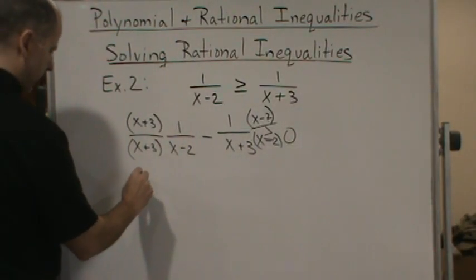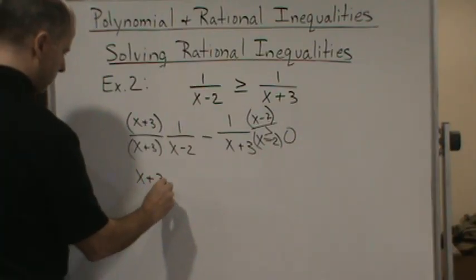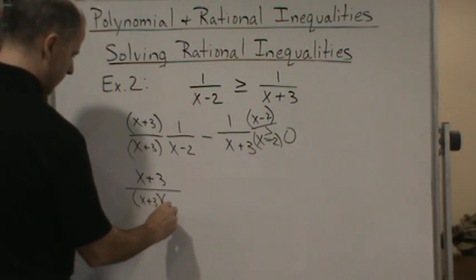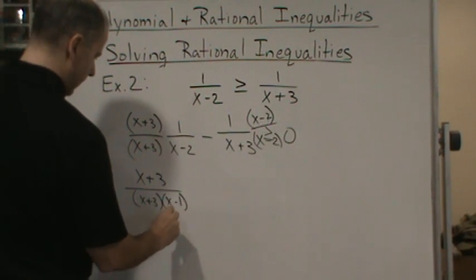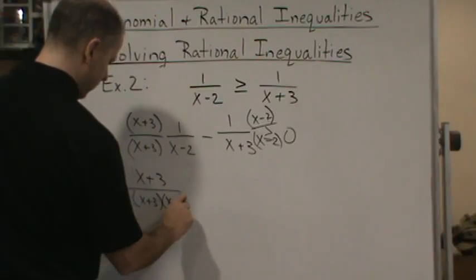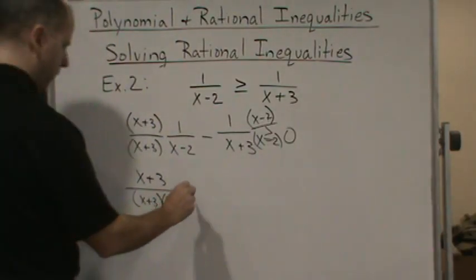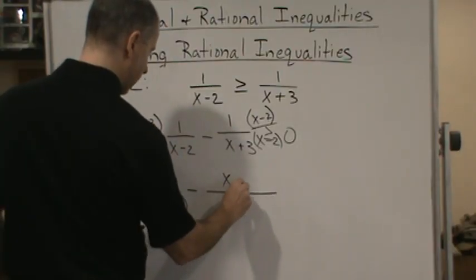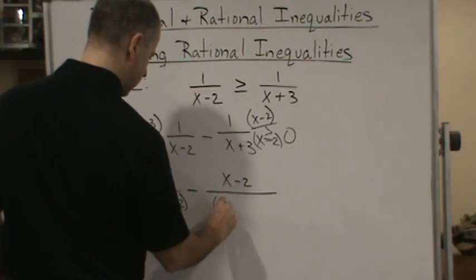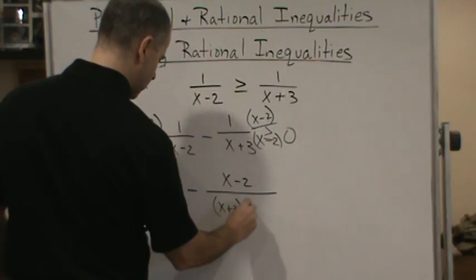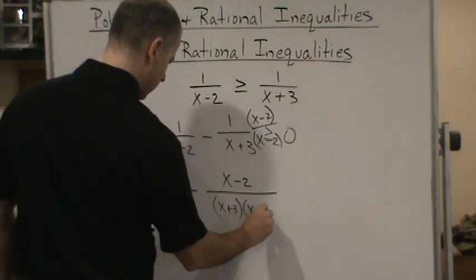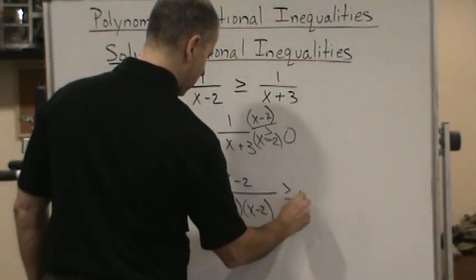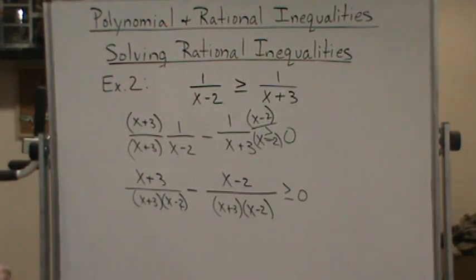In this case here, I'm going to get x plus 3 over x plus 3 times x minus 2 minus x minus 2 over x plus 3 times x minus 2 greater than or equal to 0.